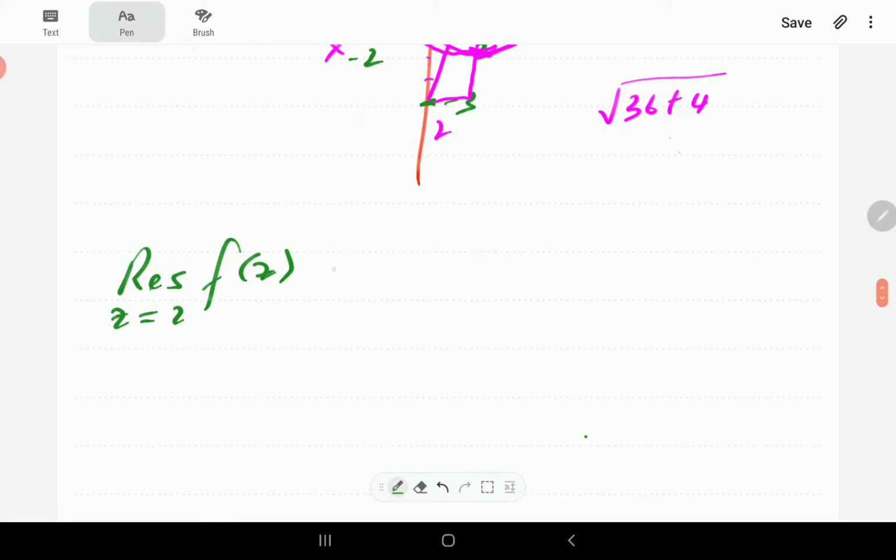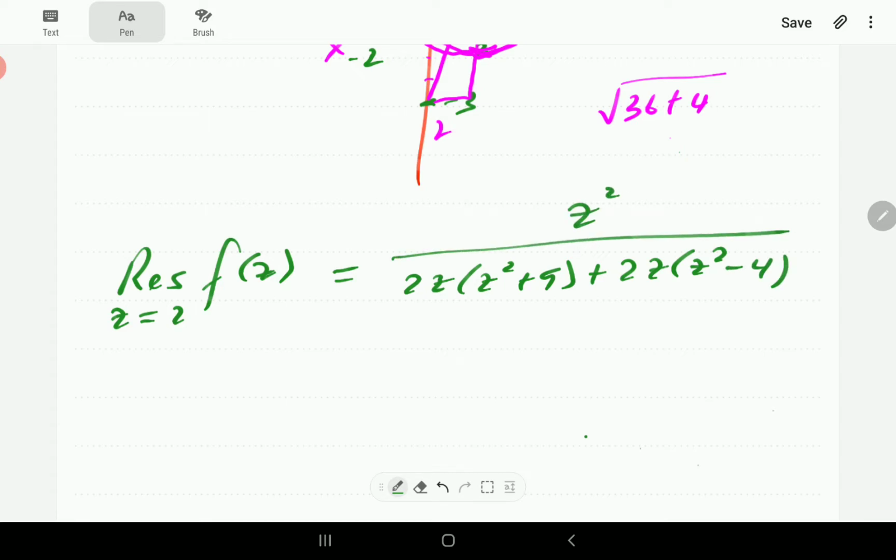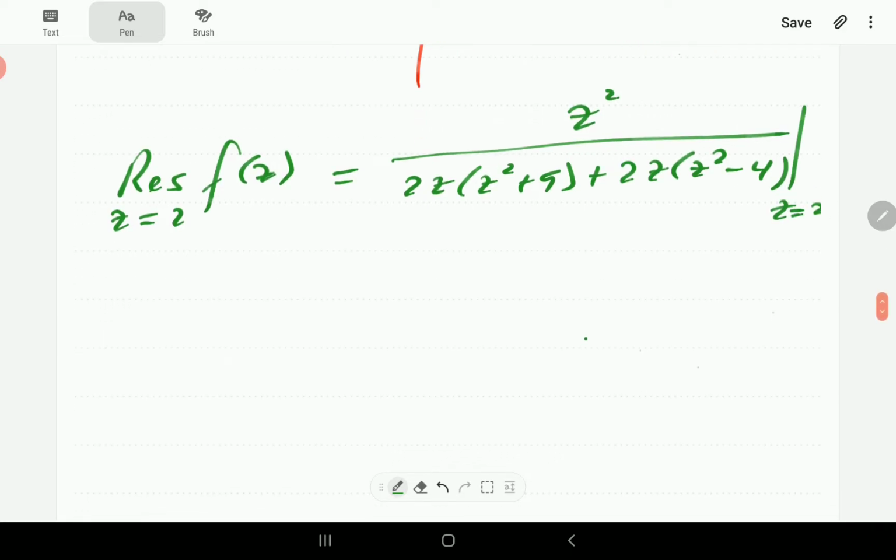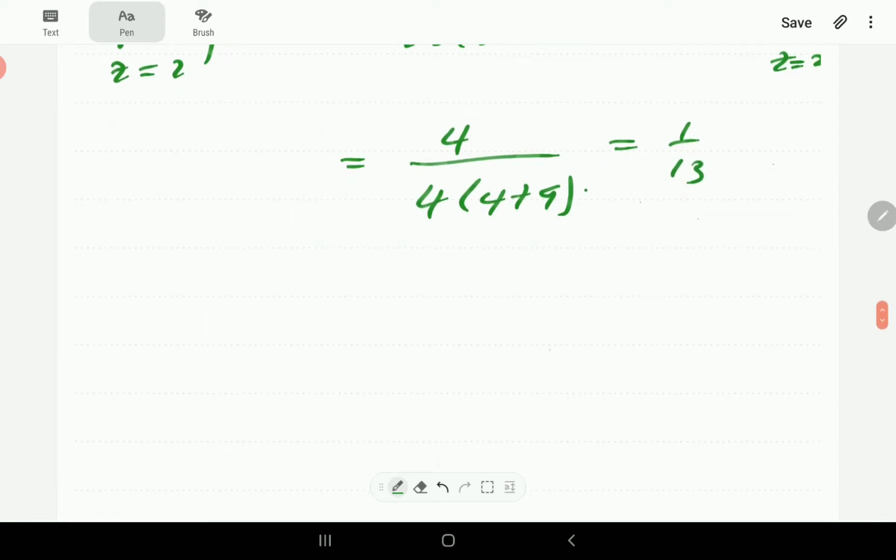So we're just going to differentiate the denominator: 2z times z squared plus 9, plus 2z times z squared minus 4. The numerator just remains z. And then we're going to plug in z equals 2 here. So when we do that, 2 squared in the numerator is going to give us 4. In the denominator, this term is going to vanish, so we're just going to have 2 times 2, and then 2 squared plus 9. So this is going to be 1 over 13.